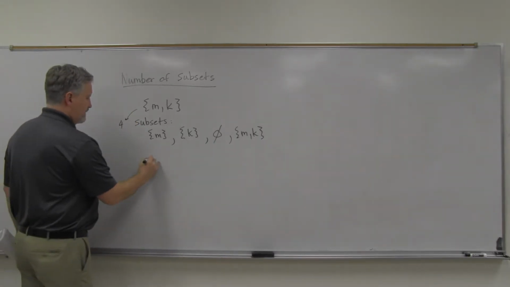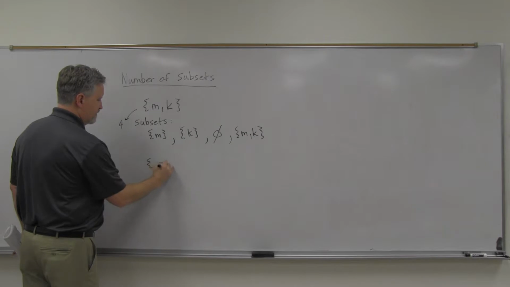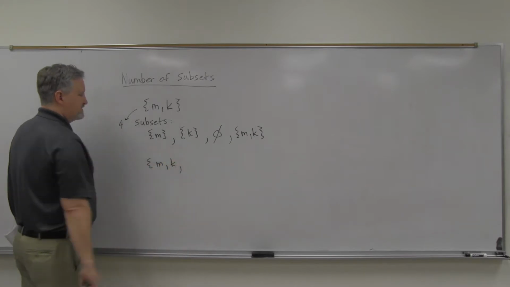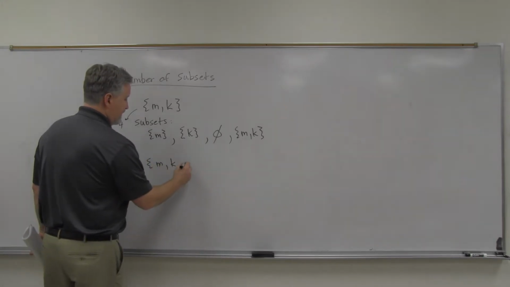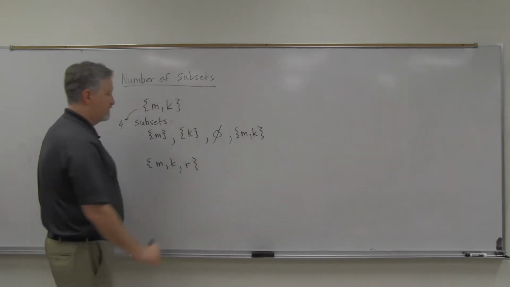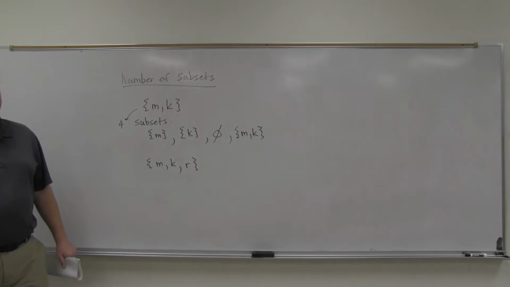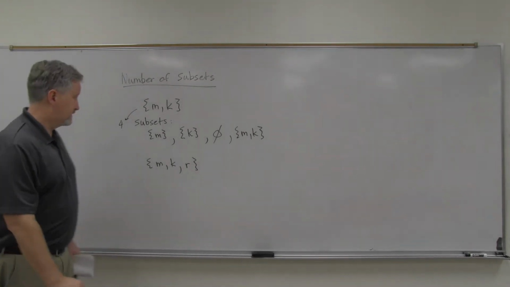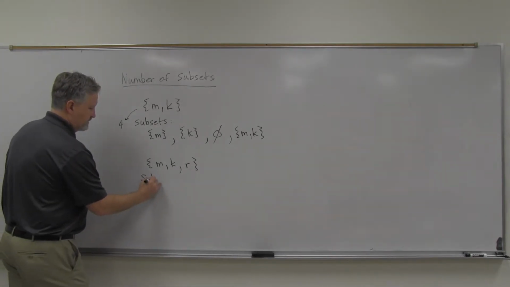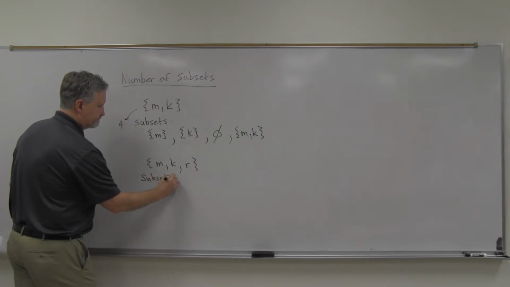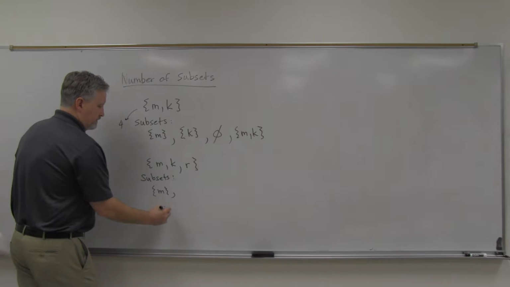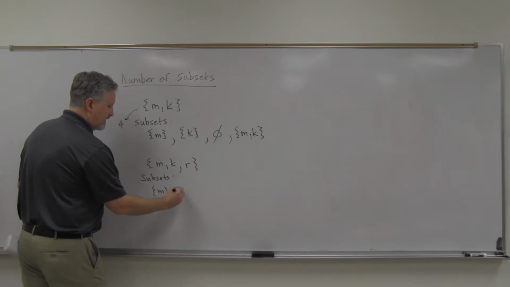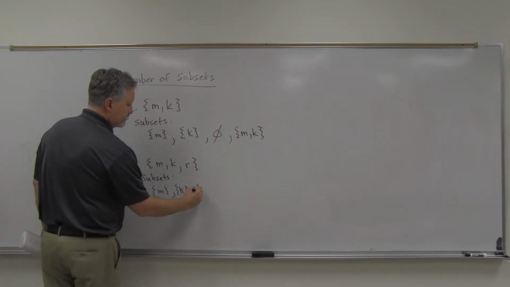All right, well, we did pretty good. So let's say we got mustard, ketchup, and then we could throw in some relish to the mix. So now how many subsets do I have there? We're going to have mustard only, ketchup only, relish only.